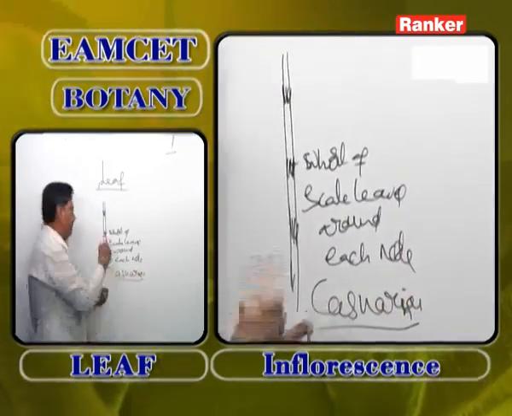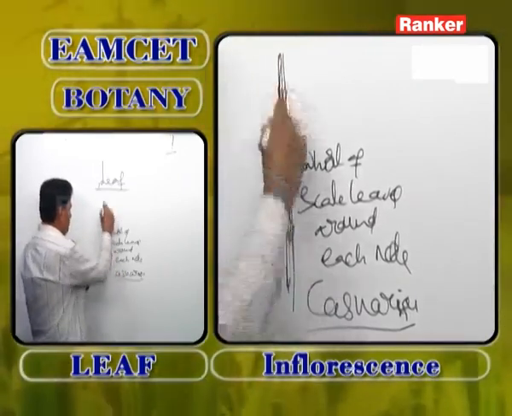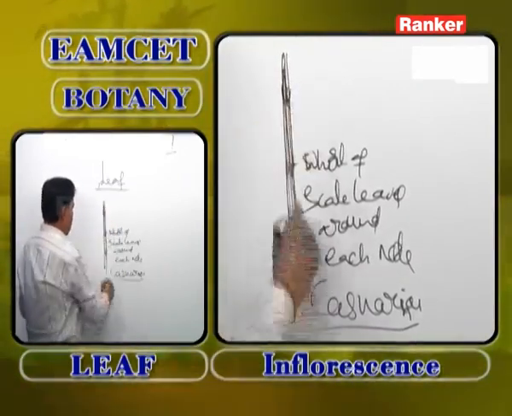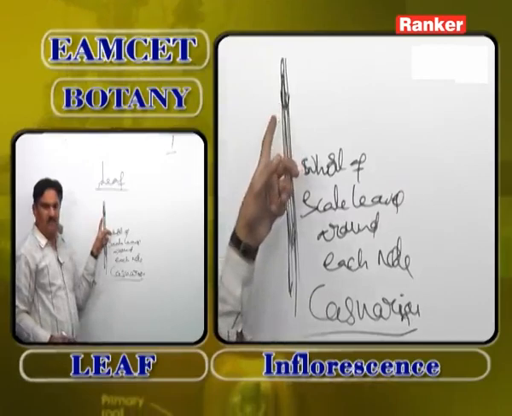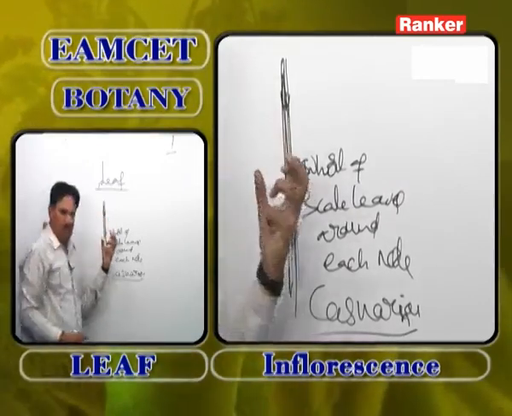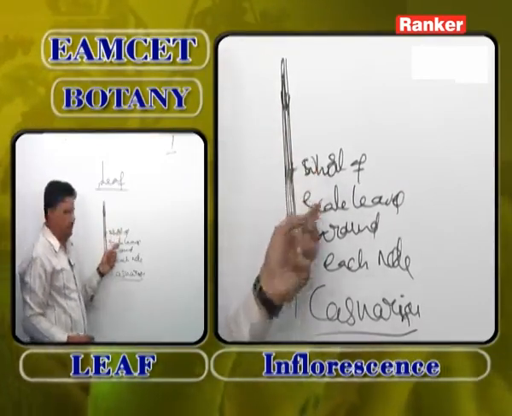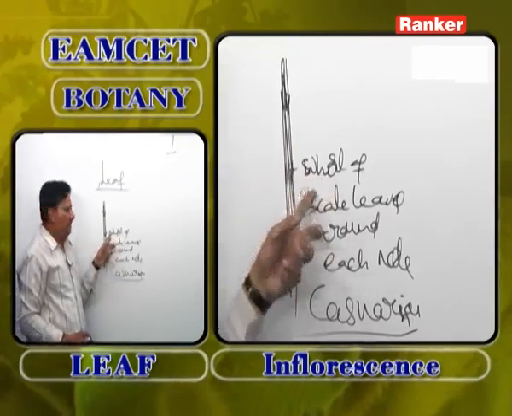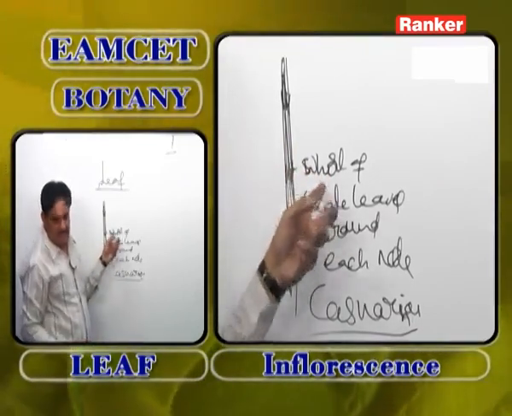Casuarina shows long needle-like phylloclads. These are all non-succulent, which do not store any food. Around each node you will find a circlet, a whorl of scale leaves. So the answer is Casuarina. In the case of Nerium, you don't find any scale leaves.